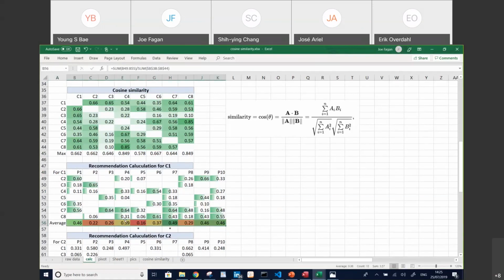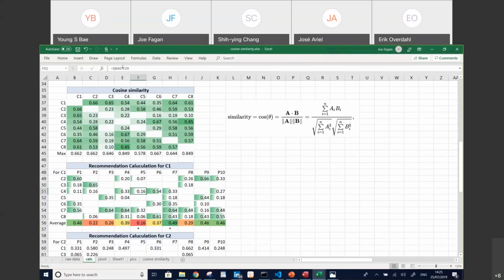Now, some of them he's actually rated, but he hasn't rated the 2-star products at all. So let's take this one as an example. How am I going to fill out this value? I'm going to look at C1's similarity to C4 and multiply that by how C4 thought about P5.